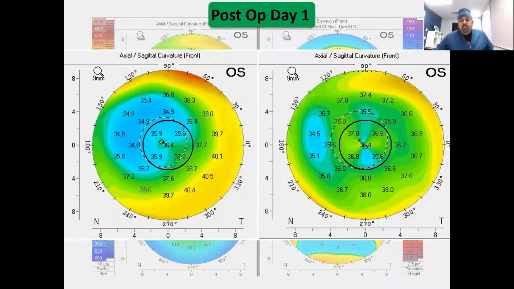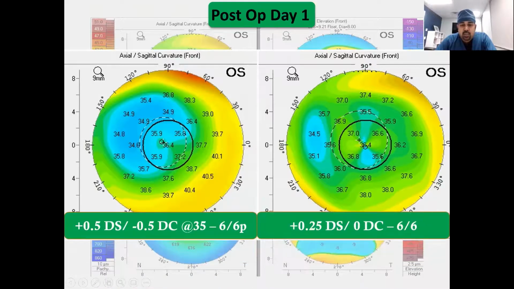If you look at this image, the topography is stabilized, and the patient's final refraction was, though he had a plus 0.25 hyperopic shift, he was 20/20 vision.